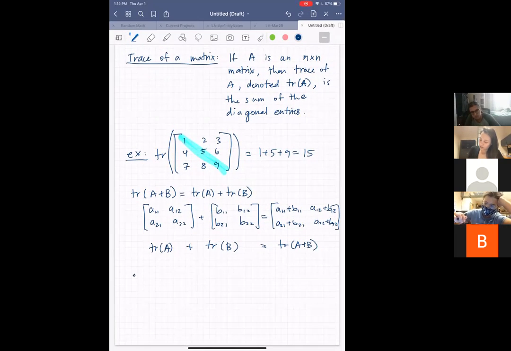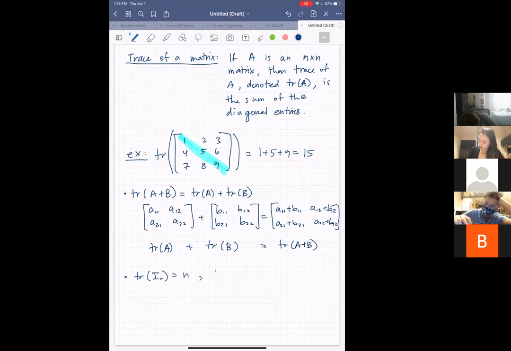Some other things, so this is one property. Another thing is the trace of the identity matrix. This is just ones along the diagonal. There will be n of them if it's an n by n identity matrix. So the trace of the identity matrix of size n is n.